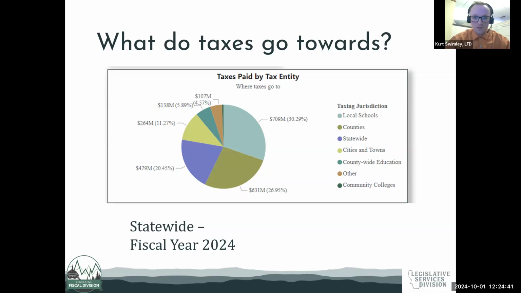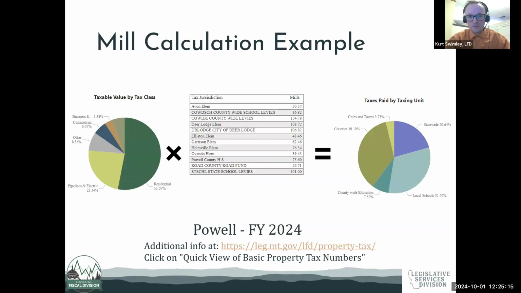So all property taxes through the state, the majority go towards schools, counties, city functions, some community college levies, and then this other category, which includes things like fire districts, transportation districts, and other miscellaneous districts that local entities can create and levy taxes on. So this shows some information, and once again, you can also head to a tool later on and look at individual areas and jurisdictions to see a bit more where those get broken out to. I think we can go to the next one.